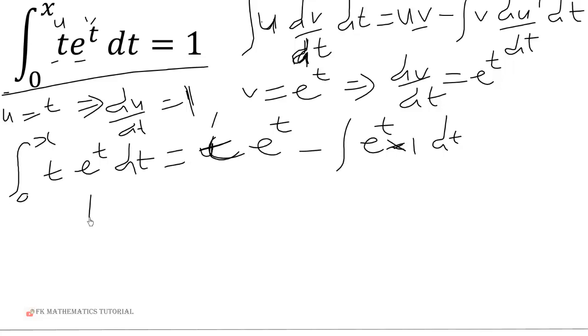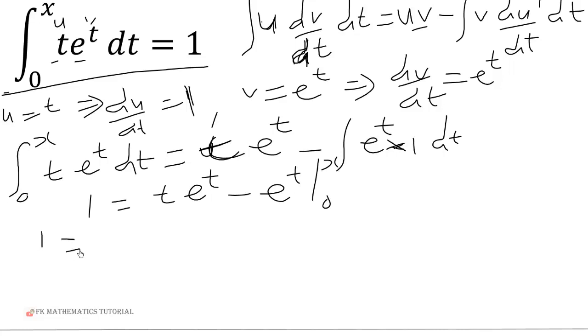So this means that 1 is equal to t e to the t minus the integral of e to the t, which is e to the t, from 0 to x.